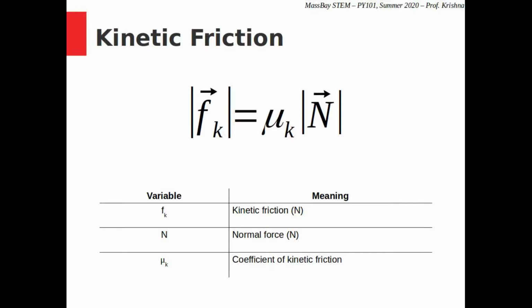For any pair of materials, the value of mu sub k is different and virtually always less than the value for mu sub s. As we saw before, for wood on wood, mu sub s was 0.5. Mu sub k is only 0.3. The difference arises because it is virtually always harder to start something moving than it is to keep something moving. Hence the coefficient of static friction being larger than the coefficient for kinetic friction.